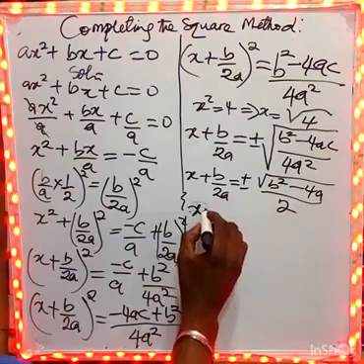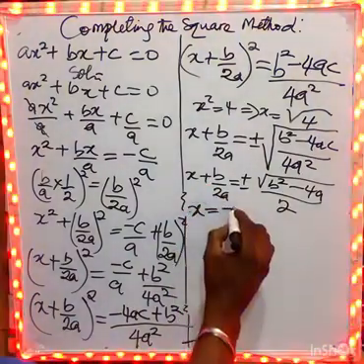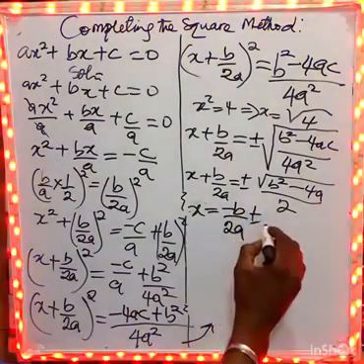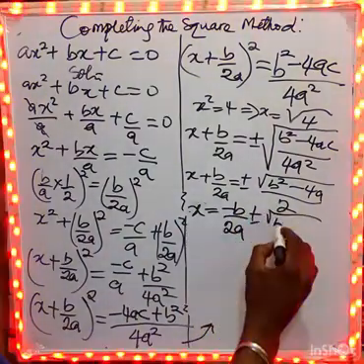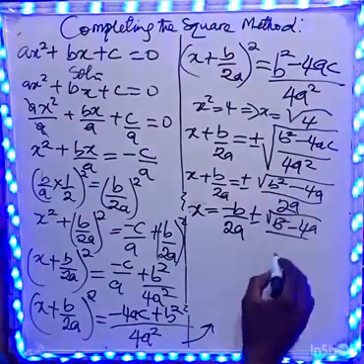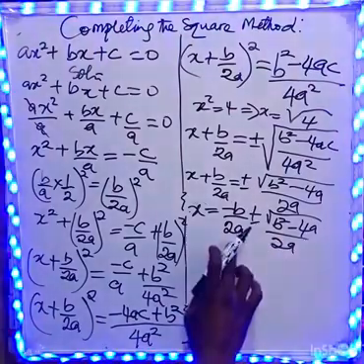follow me carefully, is equal to, this is plus b. It crosses the equality sign, becomes minus b over what? 2a plus or minus the square root of b squared minus 4ac all over what? 2a. Okay, so you have that this is 2a, this is 2a.